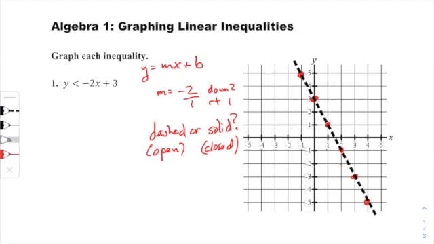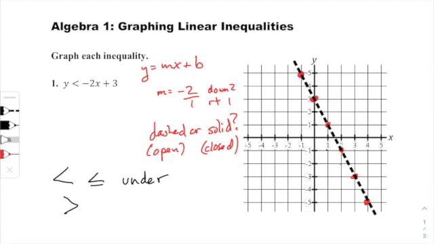So to me, the easiest way is this, but there's two ways, and I'm going to show you both. If you have less than or equal, then just think, you're saying, where are the y values less than this line? I'm going to shade under the line or below the line.